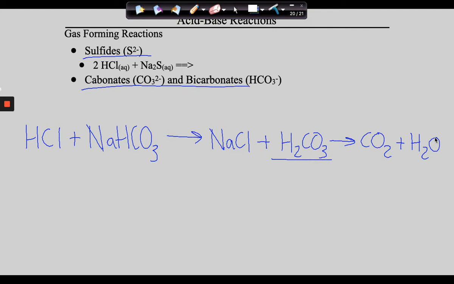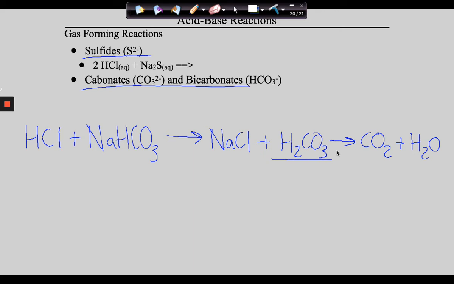Now, if you're really paying attention, guys, this is a weak acid, right? Don't write this down, but this is a weak acid, meaning that it should be a double-headed arrow, but we don't represent it that way. Why not? The answer is because as fast as the carbon dioxide gets produced, it bubbles away.